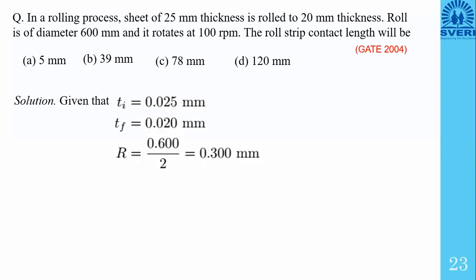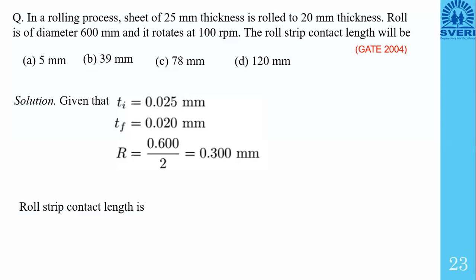Don't get confused here, it is converted into meter, that's why it is written 0.25 instead of mm, it should be m. Again Tf, and whatever the roll diameter is there, it is converted into meter. So the roll strip contact length comes in meter, or it may come in mm if you use the values as they are.